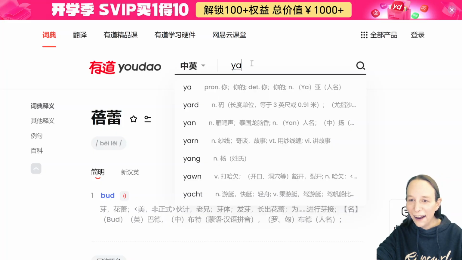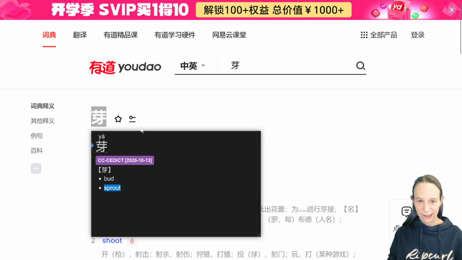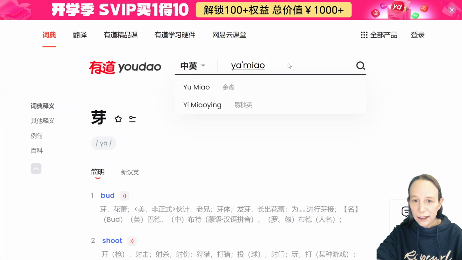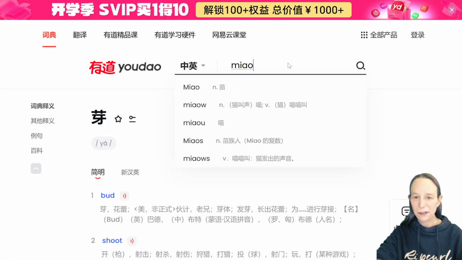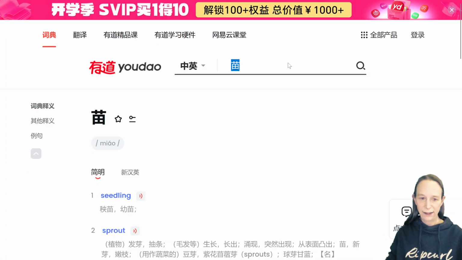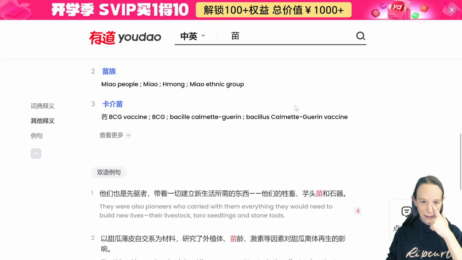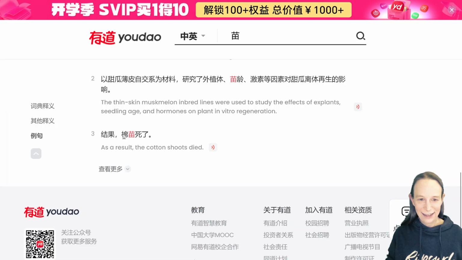One second. Relatively rare character, but there's only rare characters left anyway. 芽. Oh, sprout. Okay. So 芽 is sprout as well. Oh, there's another one. 芽 meow, right? No, meow. Do they come together? Not this one, 疫苗 vaccine, not this one, 苗族. It's an ethnic group of people in China, I think.